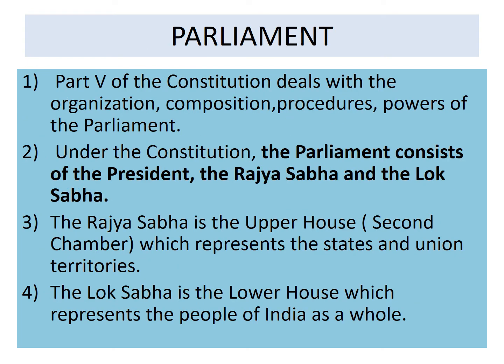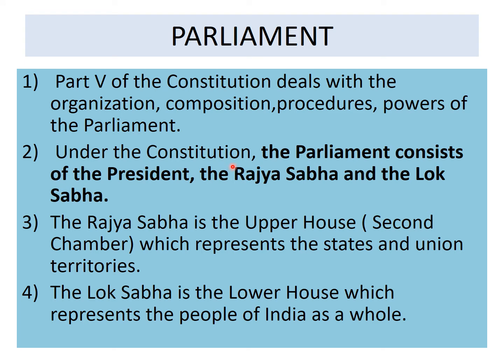To begin with, Part 5. We have to know all the parts, just like Part 3 deals with fundamental rights, Part 4 deals with directive principles of state policy, and Part 5 of the constitution deals with the organization, how the two houses are organized, who the members of the house are, what the procedure of their election is, and what powers they get.